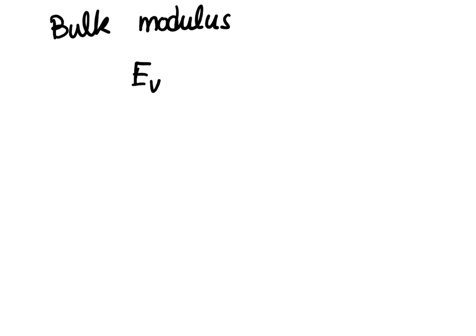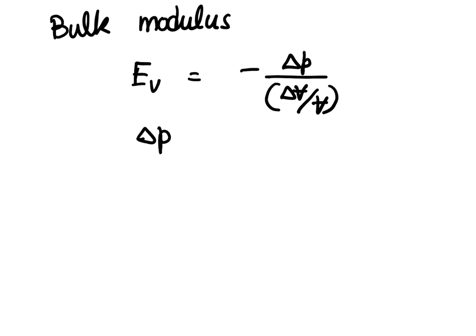The next property we want to see is related to the compressibility of fluids, and it's the bulk modulus of a fluid. The bulk modulus is defined the same way for a fluid or a solid. It's a concept from the study of elasticity, which is that bulk modulus is defined as the change in pressure to the relative change in volume.